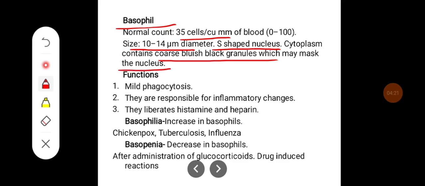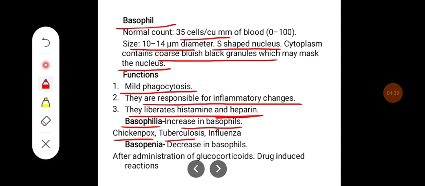Some of the important functions of basophil are: they are mildly phagocytic, they are responsible for inflammatory changes, and they liberate histamine and heparin. Basophilia is a condition where there is increase in the basophil count, can happen in chickenpox, tuberculosis, and influenza. Basopenia is a condition where there can be decrease in the basophil count. It can happen after the administration of glucocorticoids, and it can happen during drug-induced reactions.